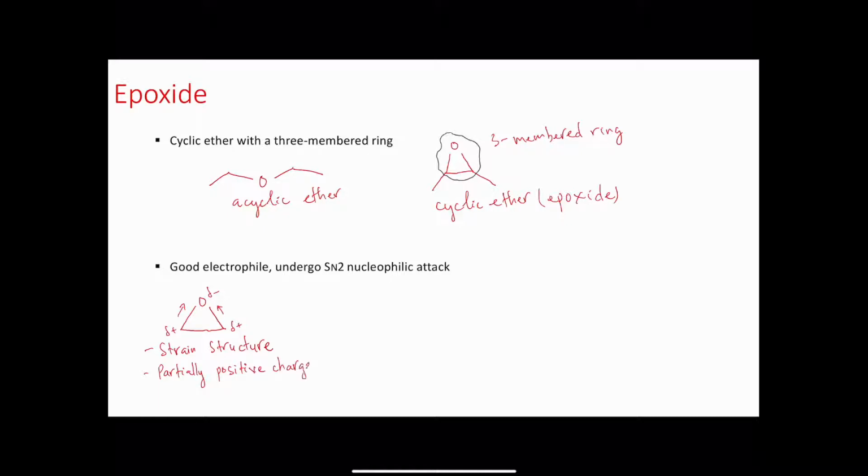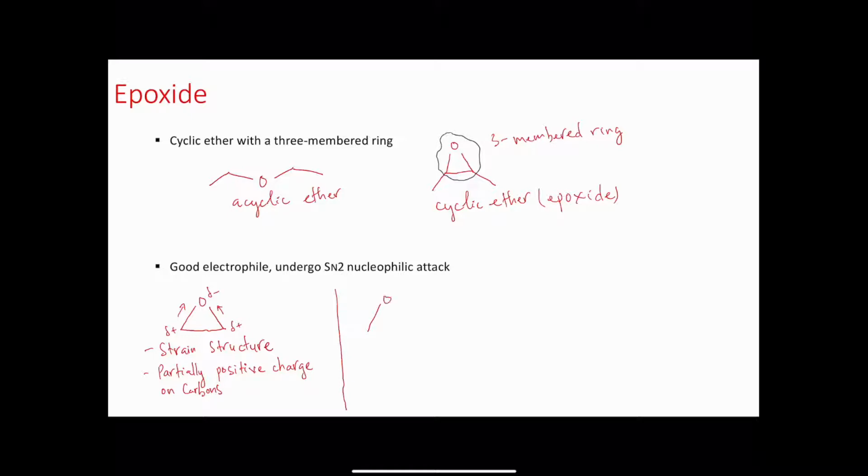These two factors make an epoxide a good electrophile, and it can undergo SN2 nucleophilic attack by a nucleophile.